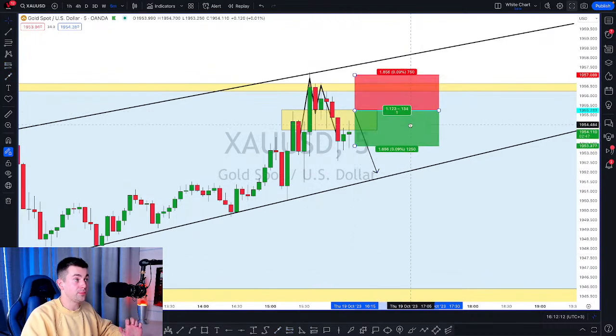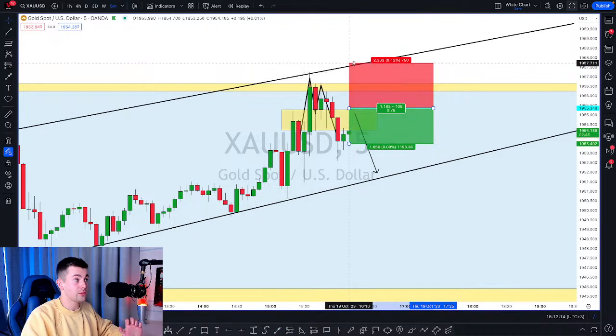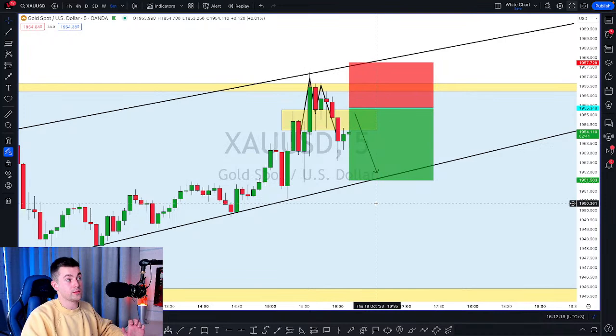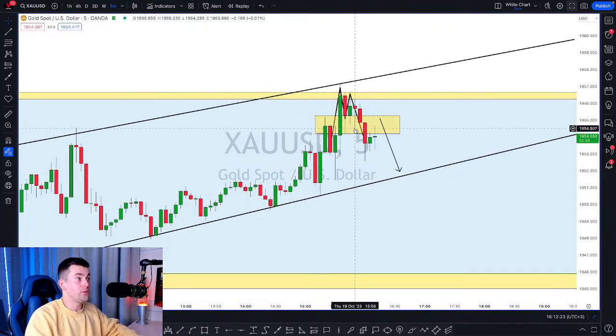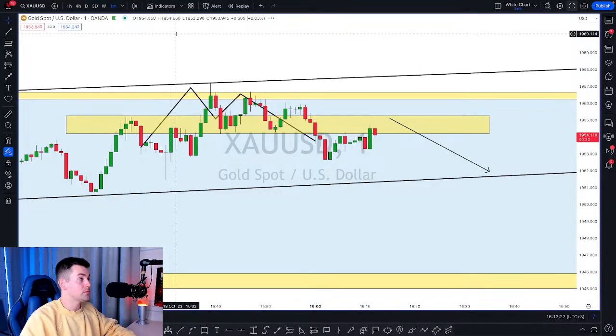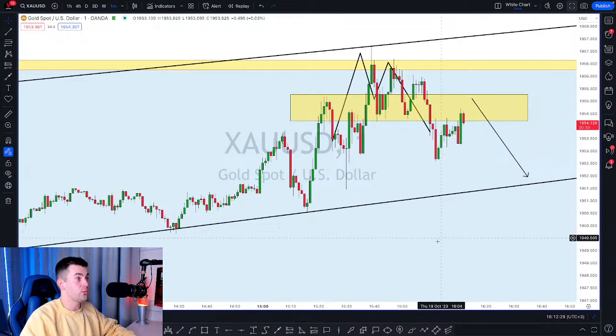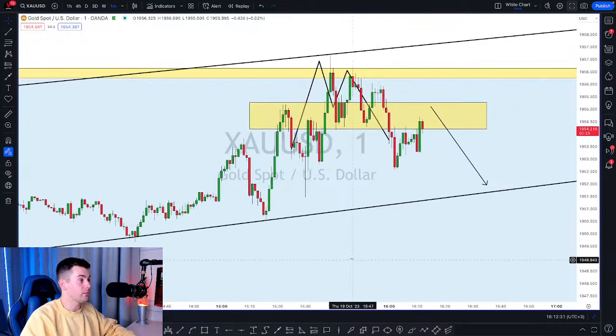So if you're a scalper, you can even consider a scalping trade. Yes, that can be your scalping trade right here. So locally, of course, from such a perspective, gold looks very bearish to me. And by the way, if we open an even lower time frame, on the 1 minute time frame, we have more clues.